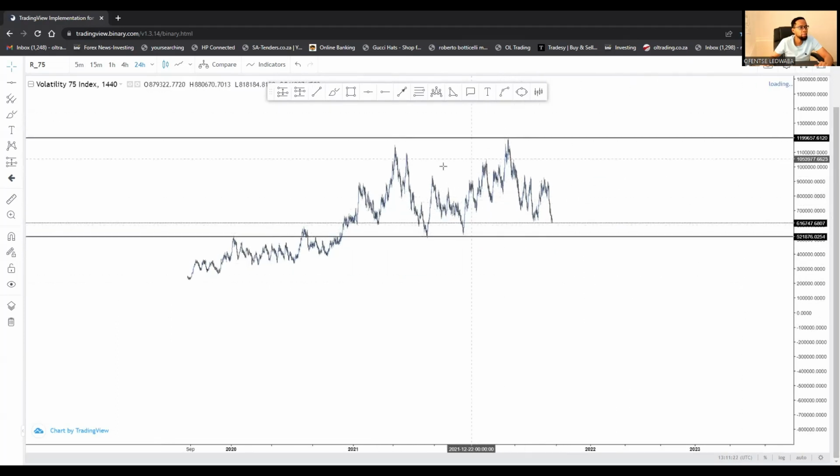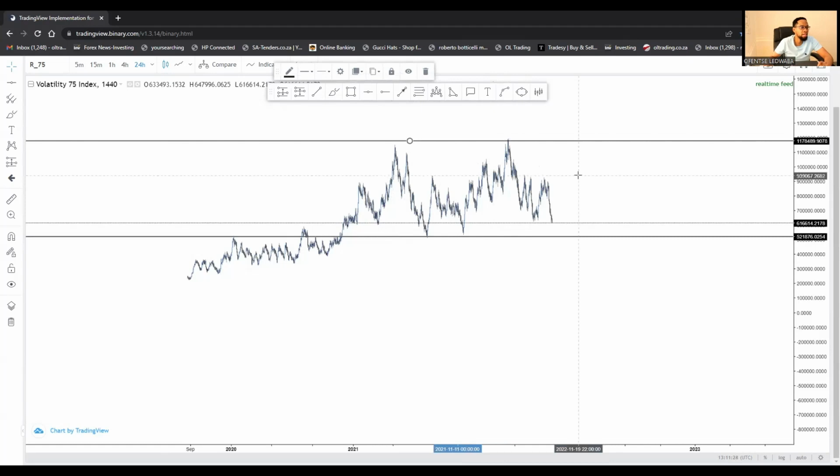You understand? The market is pushing up, down, up, down. But we have to take into account that as much as the market is going down, we have a trend inside that sideways market. I can say it's a bigger sideways market on daily, but we have a downtrend inside this sideways currently happening.